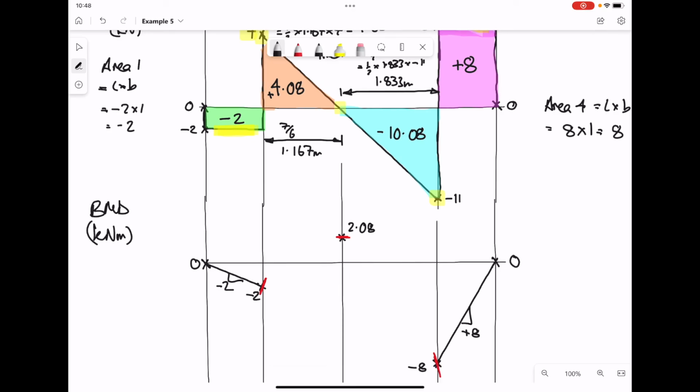So to draw the bend moment diagram for the region over the UDL, we're going to draw in a curve that matches the tangents that I've drawn in red.